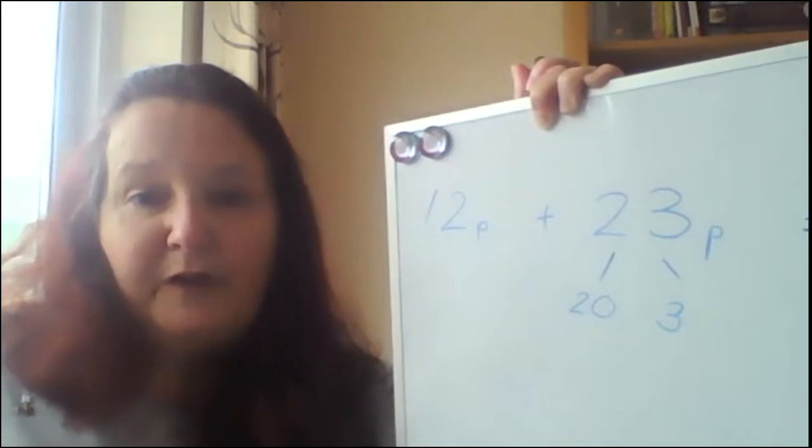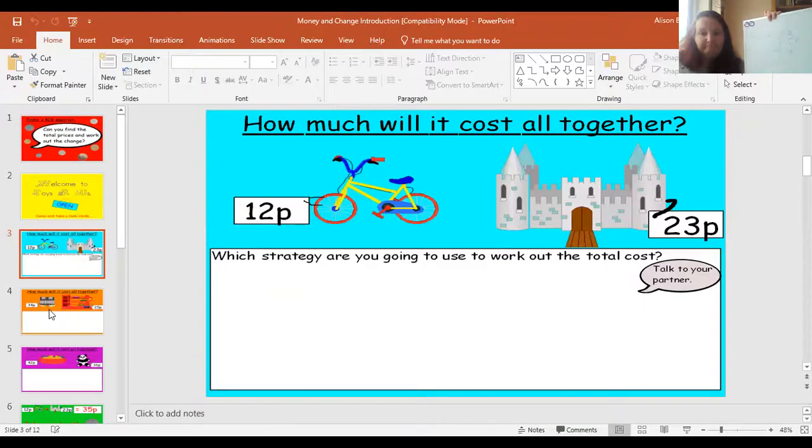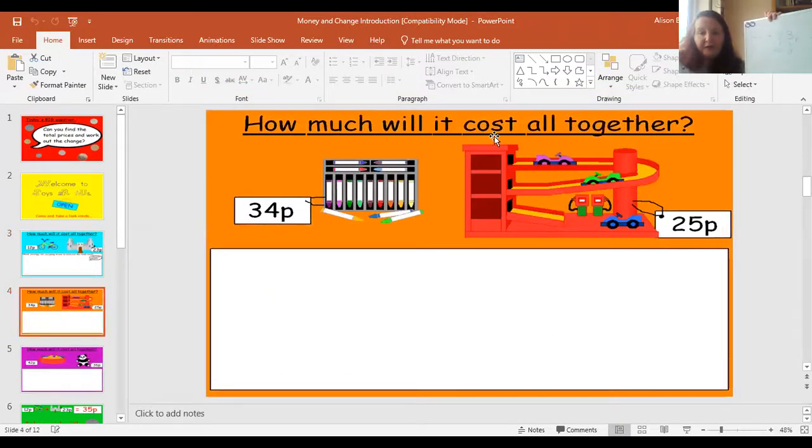So let's see what question is next. So how much will it cost all together? That's not giving change, that's all together. So you've got two numbers there. So we've got 34p, because it's money, remember, and 25p.